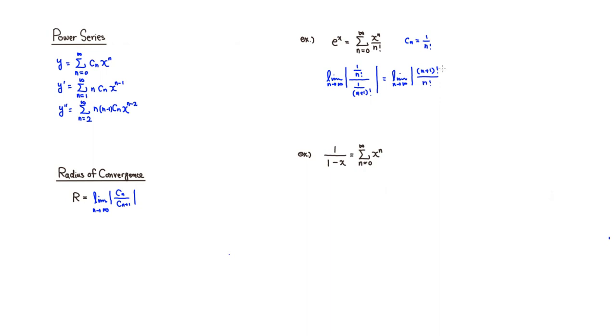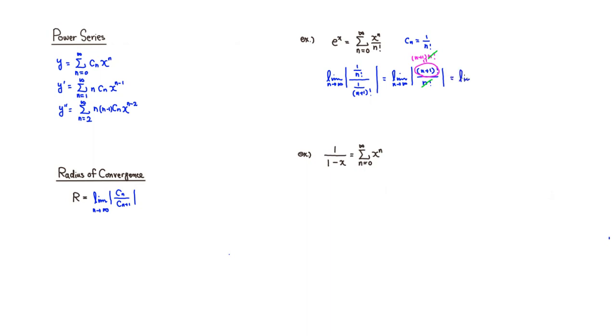But n plus 1 factorial is n plus 1 times n factorial, so we can cancel n factorial on the bottom and on top.